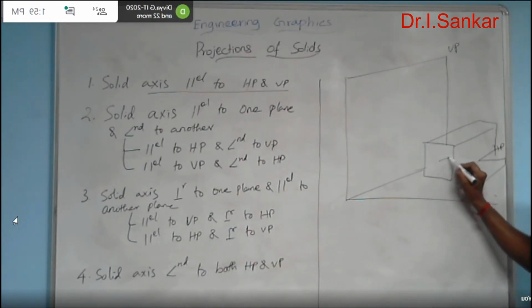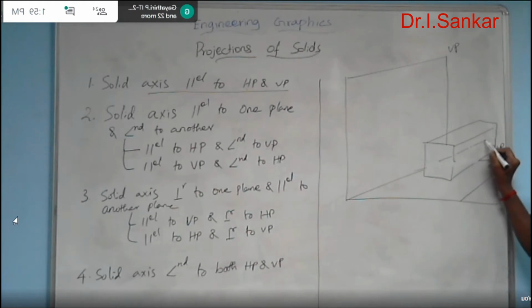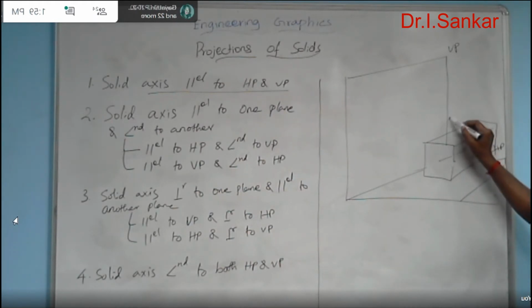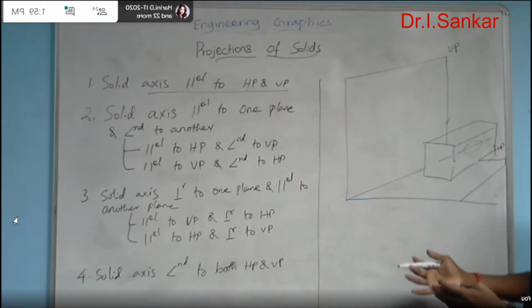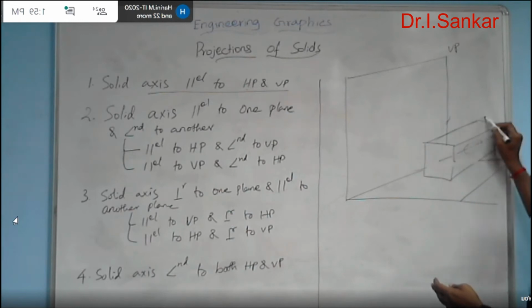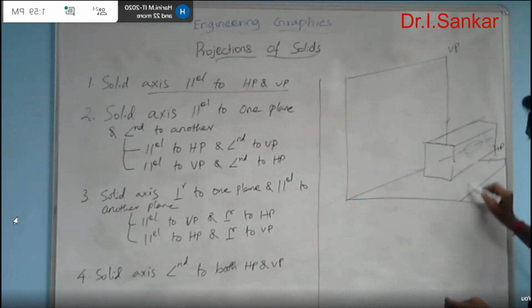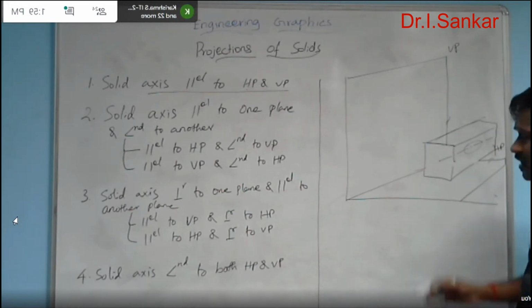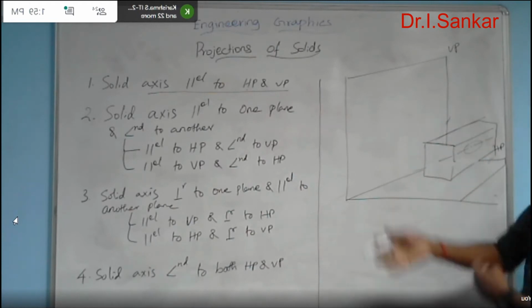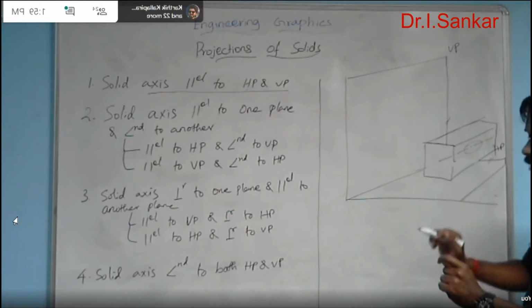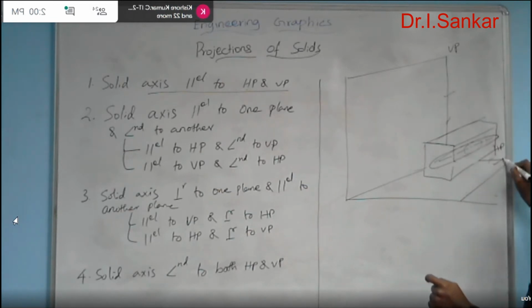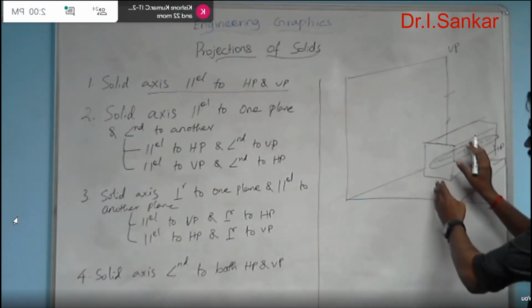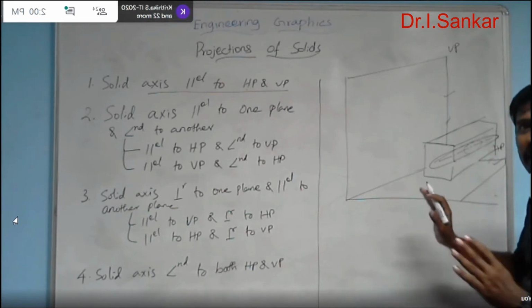Its axis, the imaginary line, will be inside the solid, and you see here the axis of the straight line is now parallel to both HP and VP. You need not consider the relations between the long edge and the VP or the shorter edge with the HP. They may be in some existing form. You need to consider only the condition of the axis with respect to VP and HP. The axis of this solid is now parallel to both HP and VP.